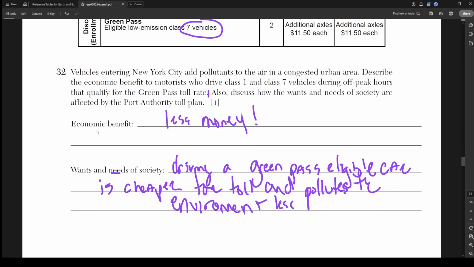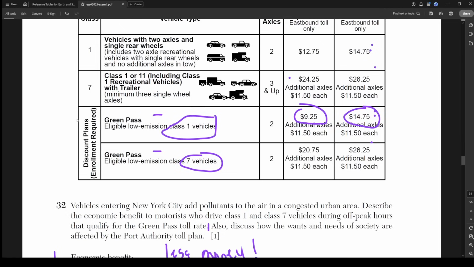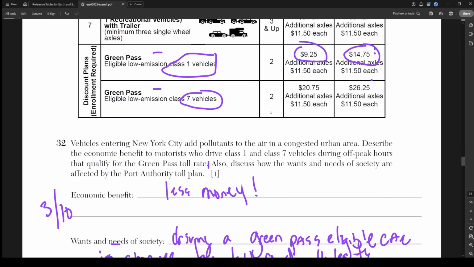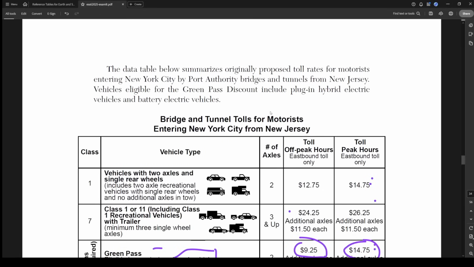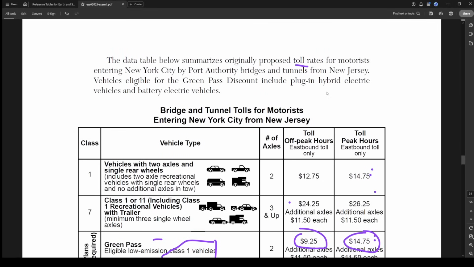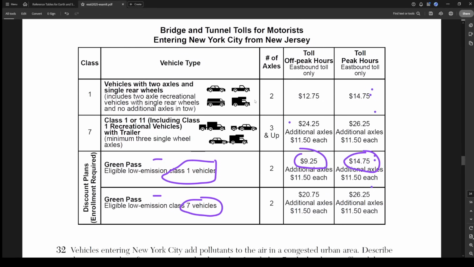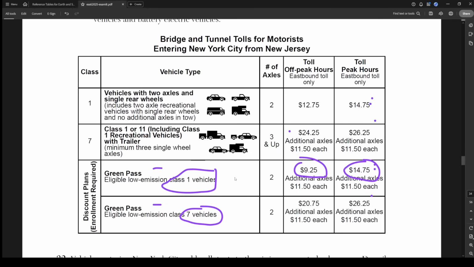That was easy. 3 out of 10, I guess, just because you have to read a chart. Honestly, people were saying that they had a problem with toll rates in this test, and I mean, yeah, it's kind of weird, but they're just trying to relate polluting the environment with cars to tolls.